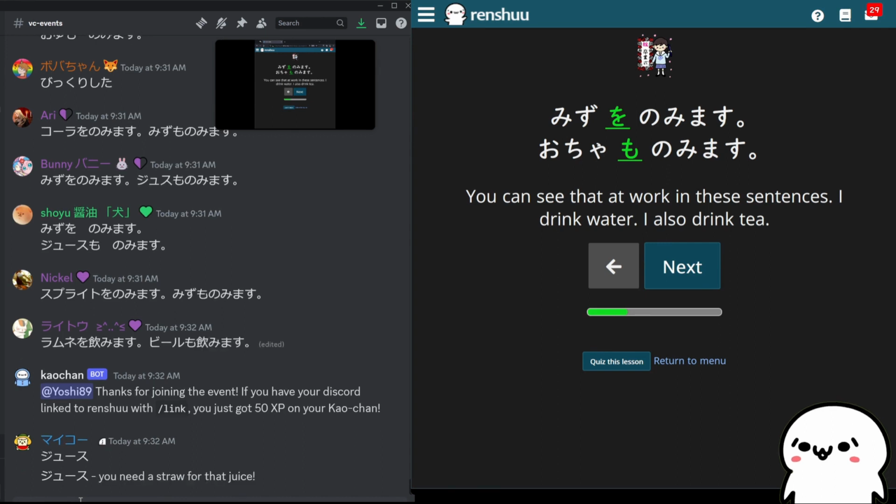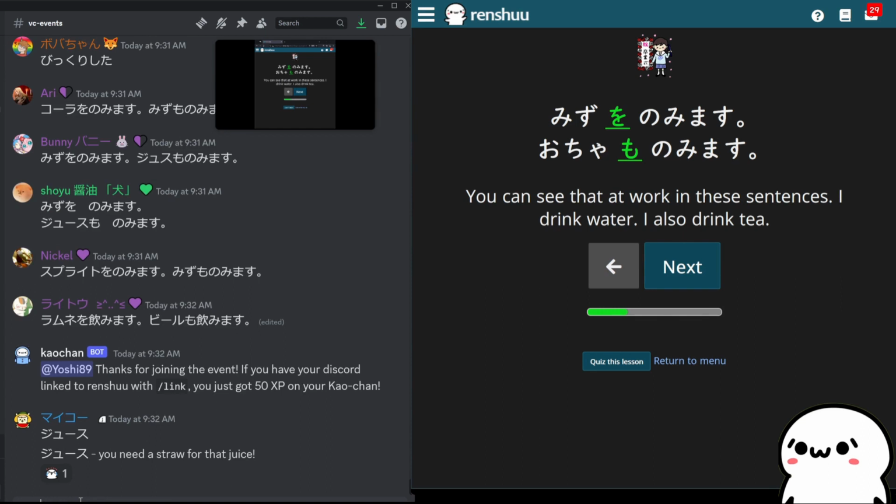Why is there a dash there? There's a dash there because it's a straw, and you need a straw for that juice. And you're frustrated because the straw fell over, I guess. Maybe it fell over and the straw is so short it fell over into the juice. So you not only no longer have a straw, but you're wondering, why did the restaurant give me a straw that's so short that it fell into my cup?